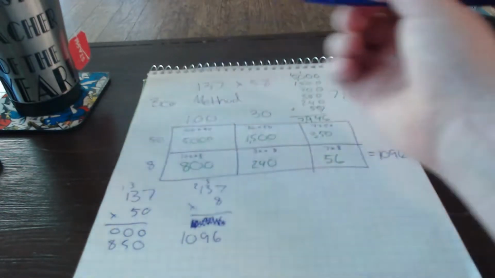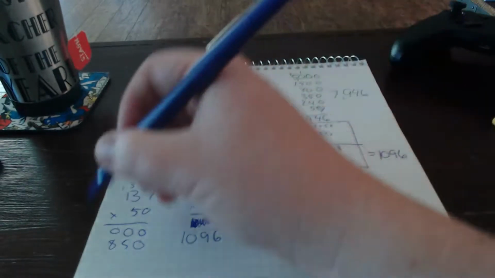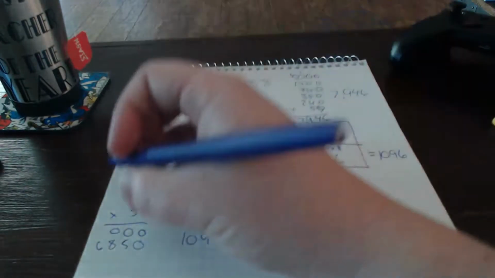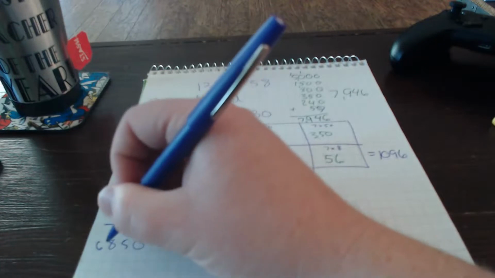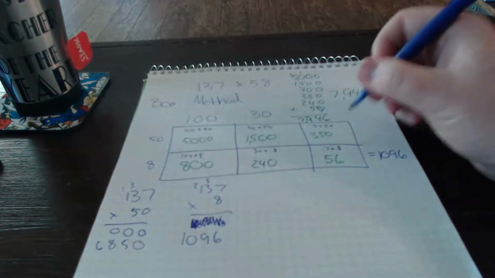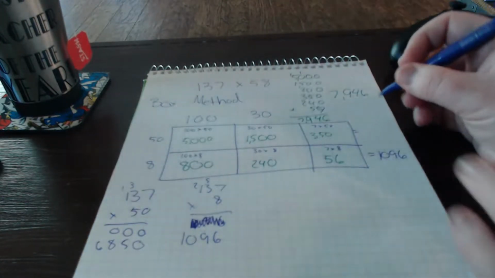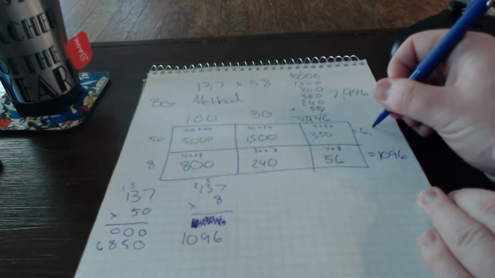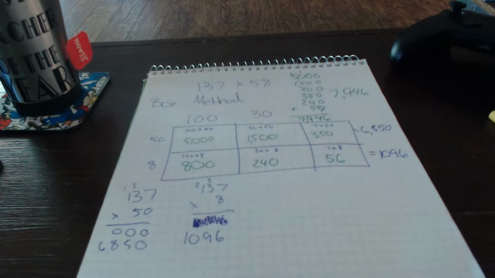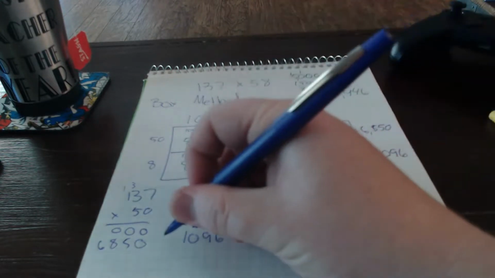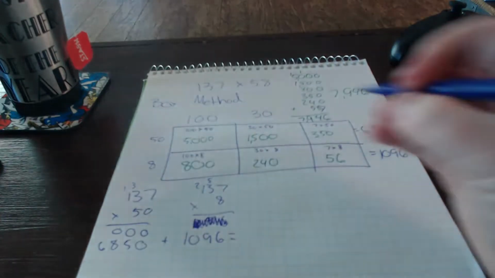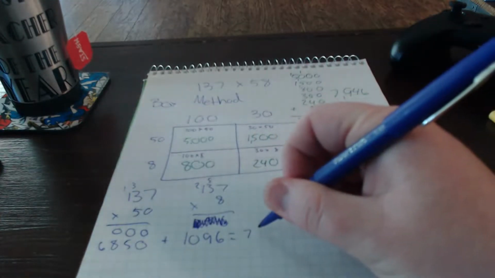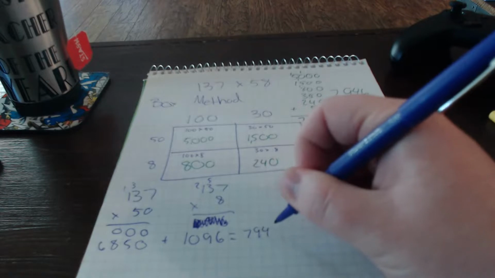Plus 1. 5 times 1 is 5. Plus 1 is 6. And you would get 6,850. And if you actually did the math up here, this is actually 6,850. Now, partial products say you add this together, which gives you 7,946.